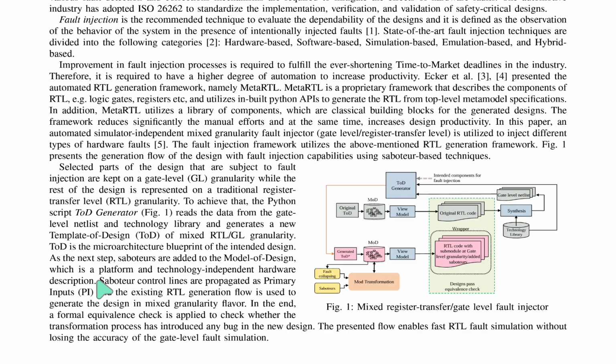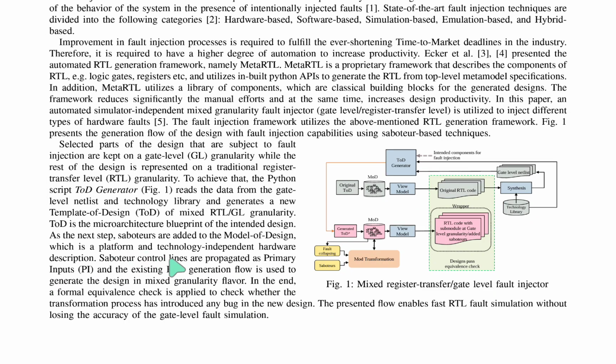As the next step, saboteurs are added to the model of the design, which is a platform and technology independent hardware description. Saboteur control lines are propagated as primary inputs and the existing RTL generation flow is used to generate the design in mixed granularity flavor. In the end, a formal equivalence check is applied to check whether the transformation process has introduced any bug in the new design.